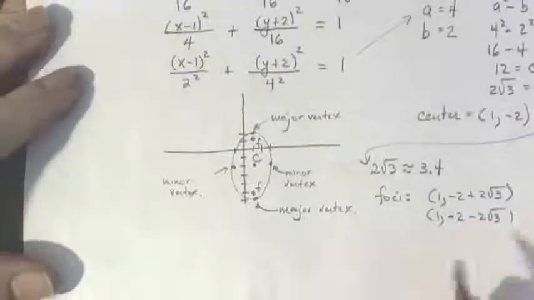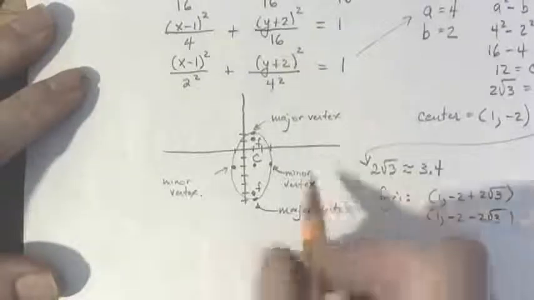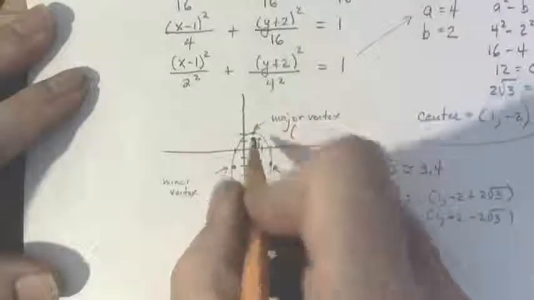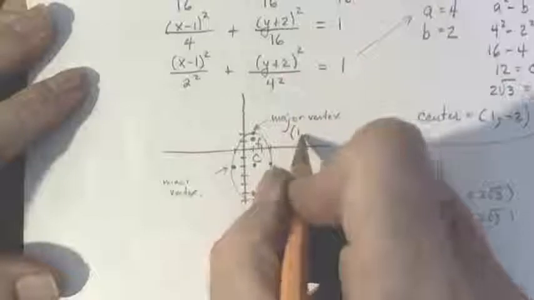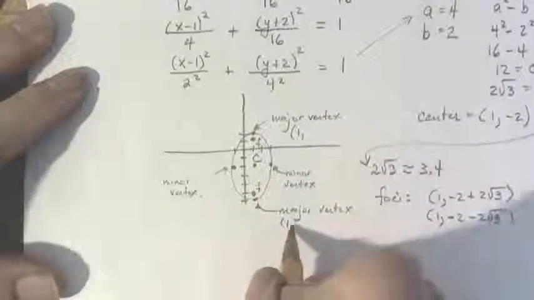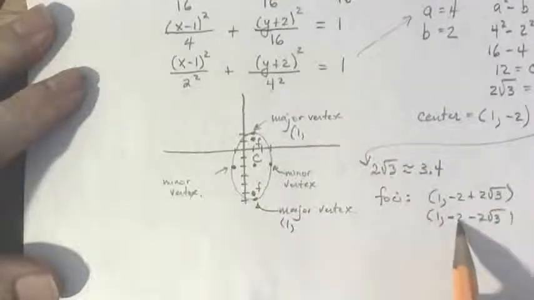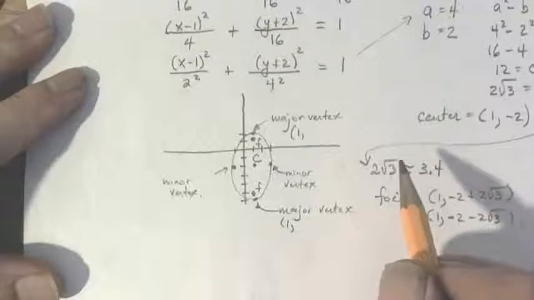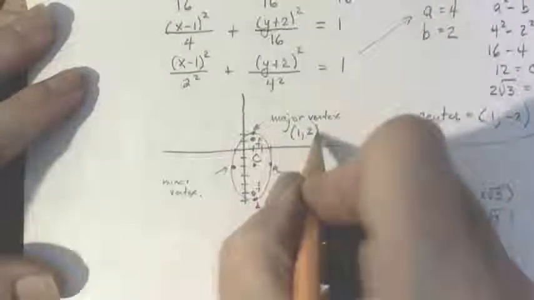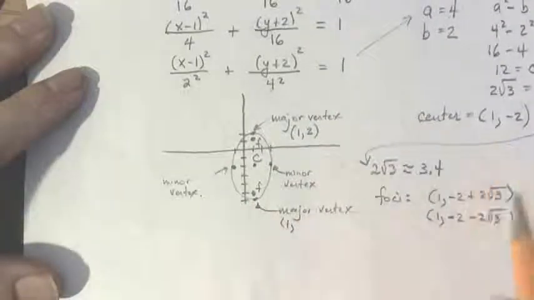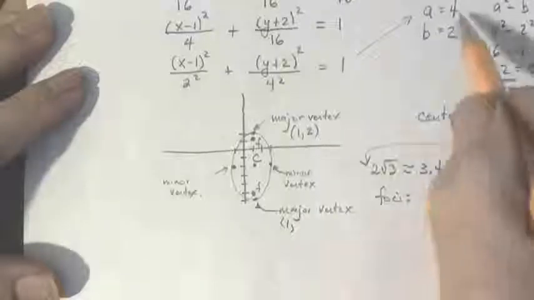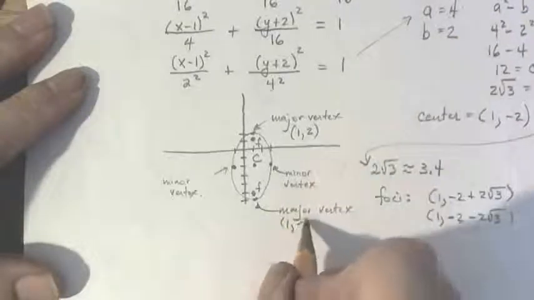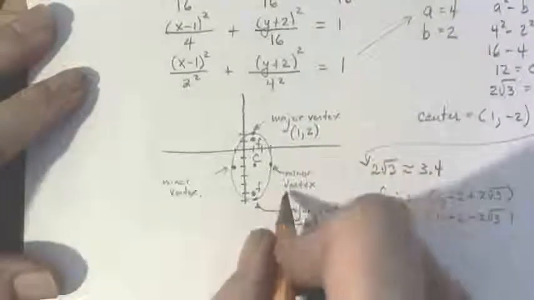Okay, and we can write our vertices. These would also have an x-coordinate of 1, and it would be minus 2 plus 4 is 2, and minus 2 minus 4 is minus 6.